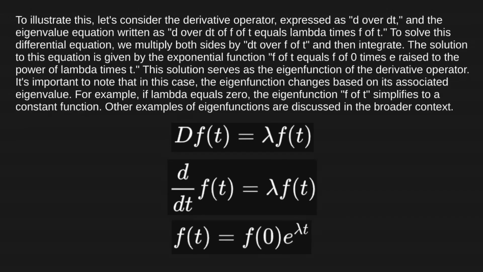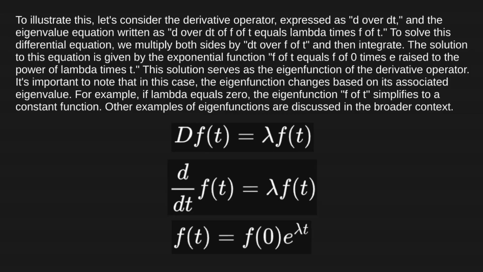To illustrate this, let's consider the derivative operator, expressed as d over dt, and the eigenvalue equation written as d over dt of f of t equals lambda times f of t. To solve this differential equation, we divide both sides by f of t, multiply by dt, and then integrate.